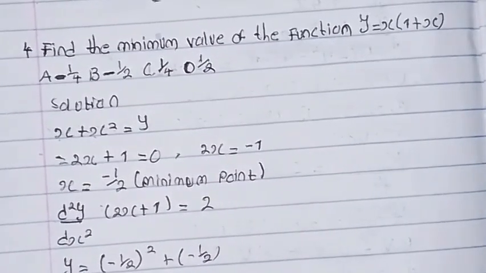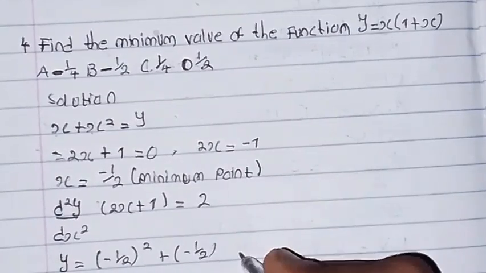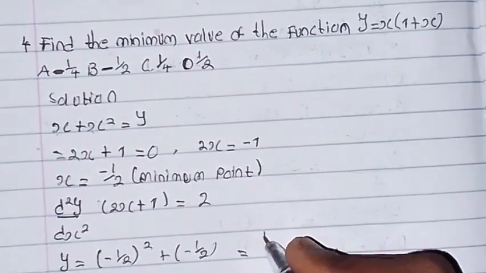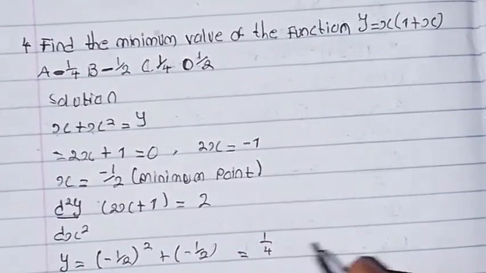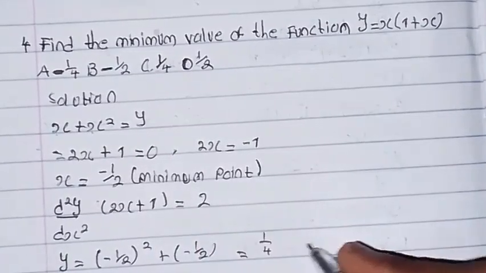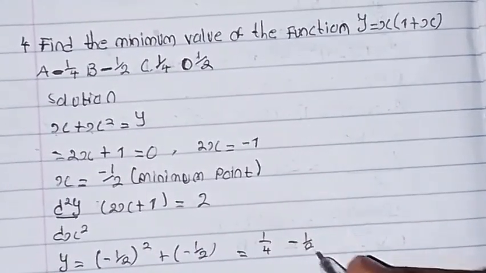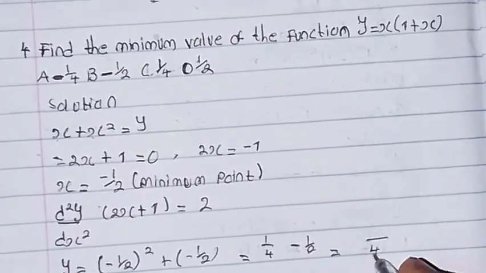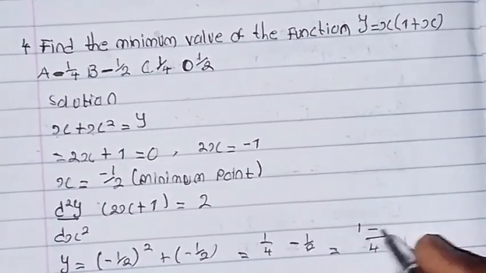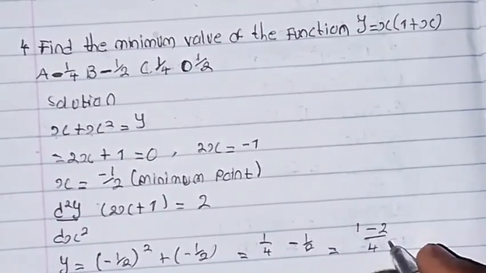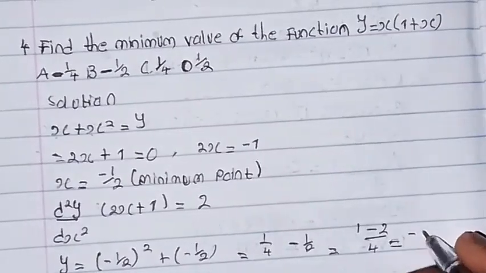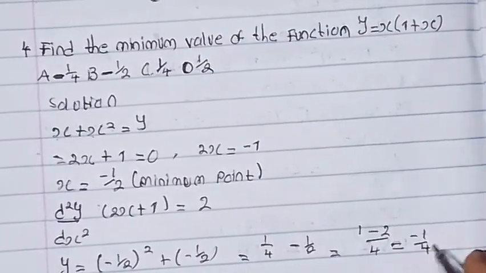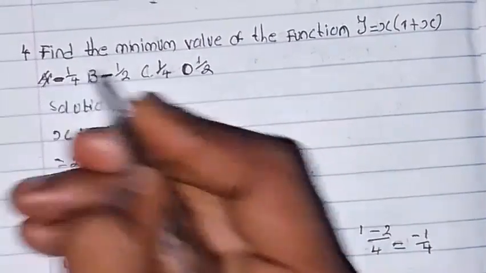And minus half all squared is equal to 1 over 4, plus minus half, that's minus 1 over 2. Alright, we're going to take LCM, so LCM becomes 4, this is 1 minus 2, which is equivalent to minus 1, so minus 1 over 4 is our final answer. Correct answer is option A.